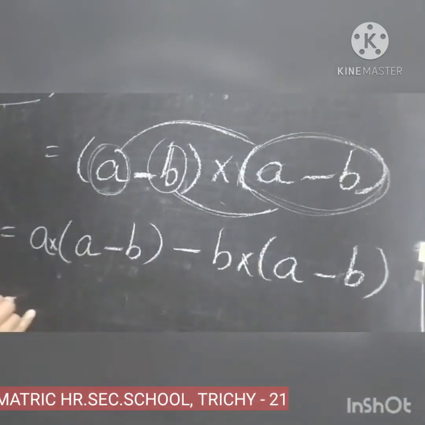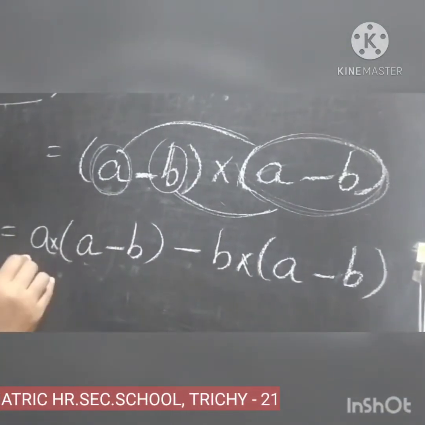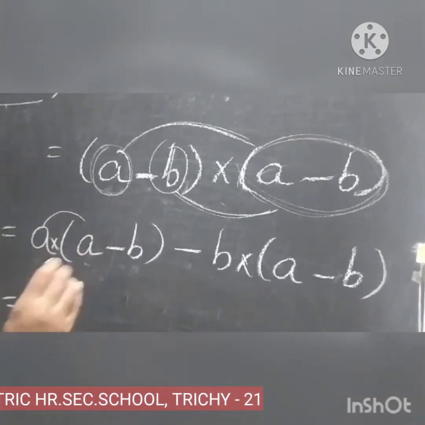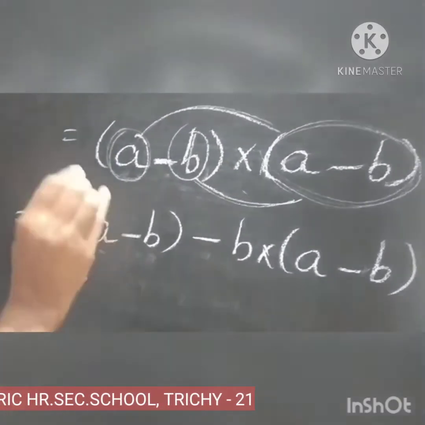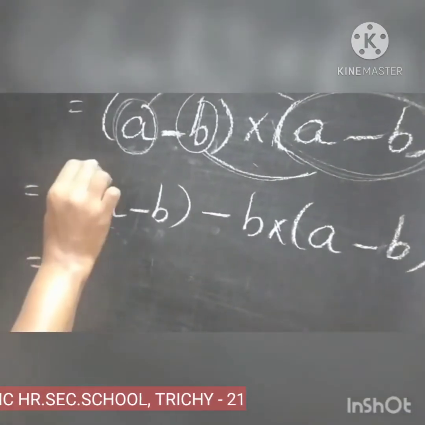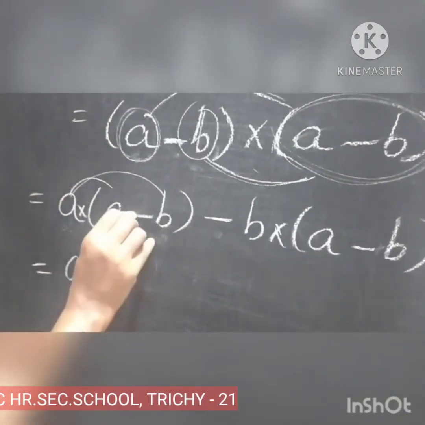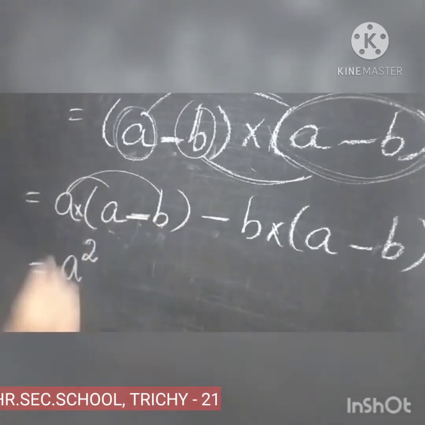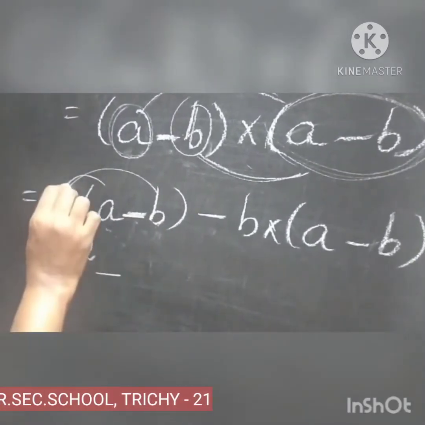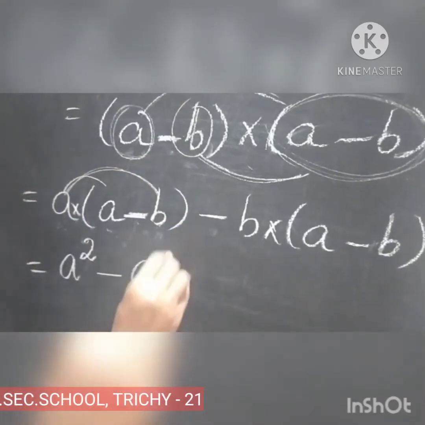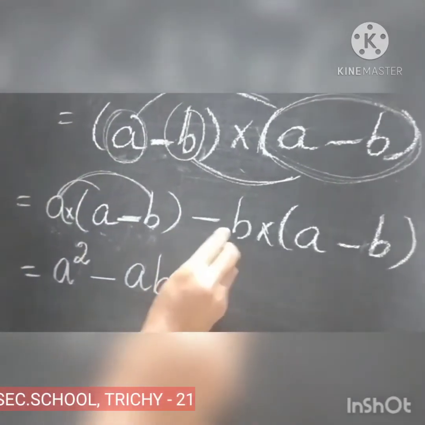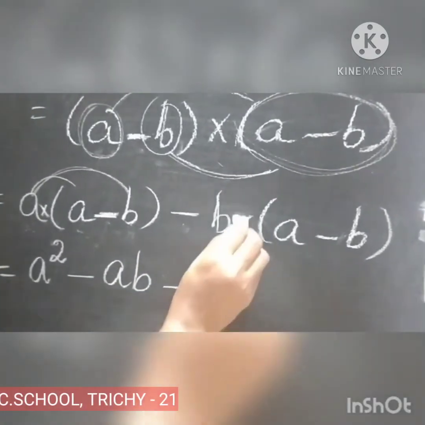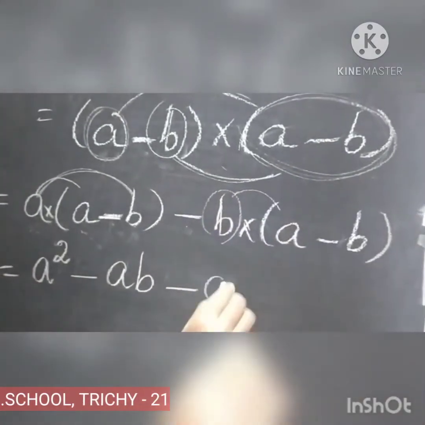Now as usual again you can multiply. The a outside into inside a, so a into a, the answer is a squared. The next term, a into b. In front of the b the sign is minus, so minus sign, a into b, ab. Now let us see the next term here: put the minus sign, b into a, so put ab.